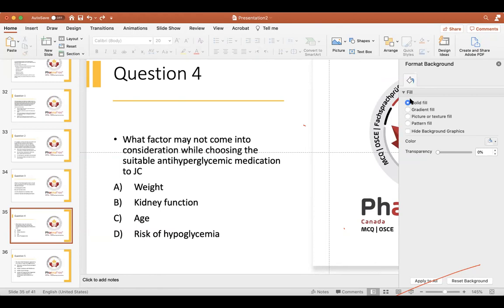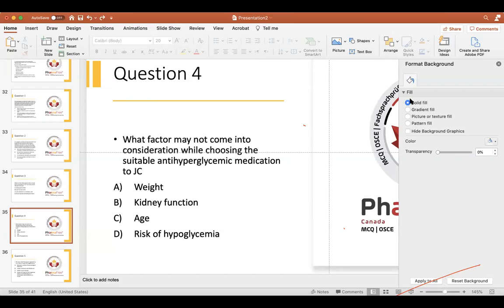We have how many criteria for which we can determine which anti-hyperglycemic we should start? You know what factors we consider or what determinants? Any idea? Weight, cost, kidney, cardiovascular.